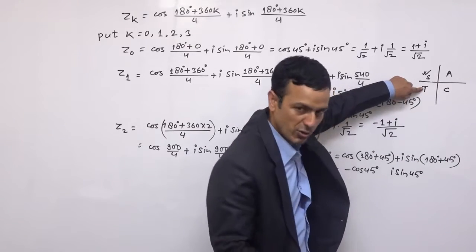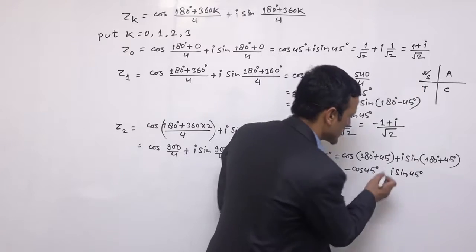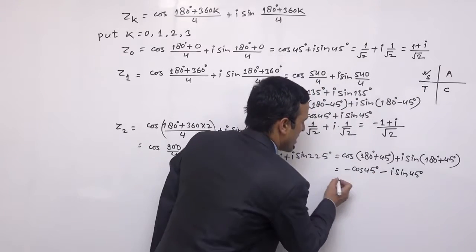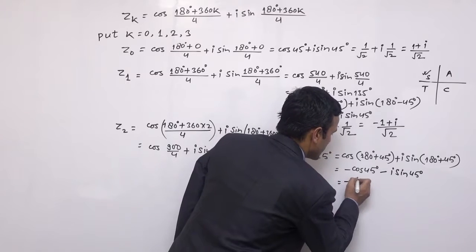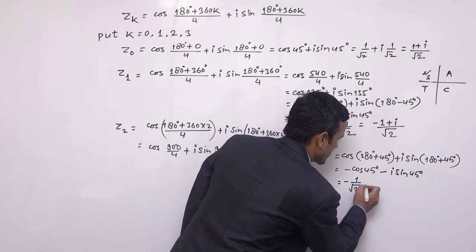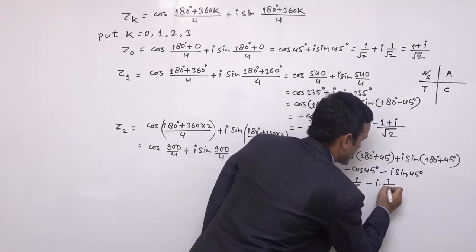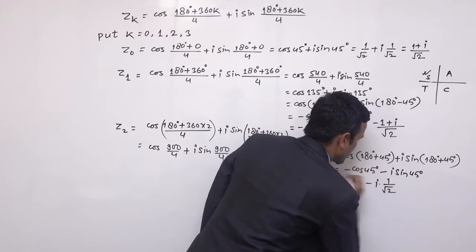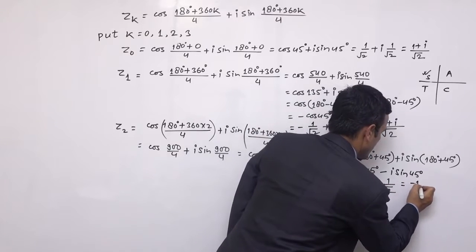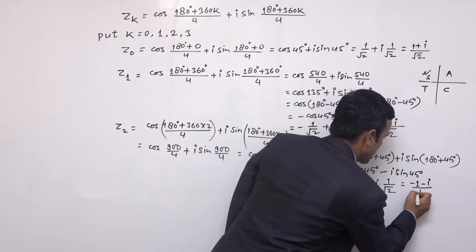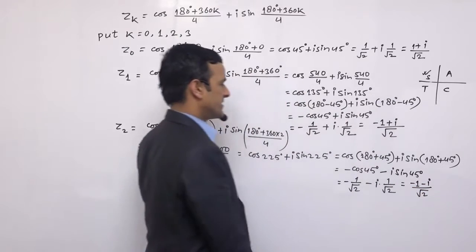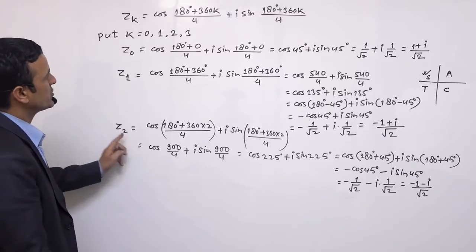Again it lies in the third quadrant, so its sign is also negative. Now we can substitute the value. Minus cos 45 means 1 by root 2, sin 45 means 1 upon root 2. So minus 1 minus i divided by root 2. This is the solution, z2.